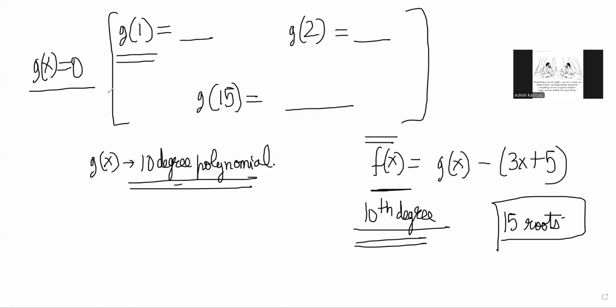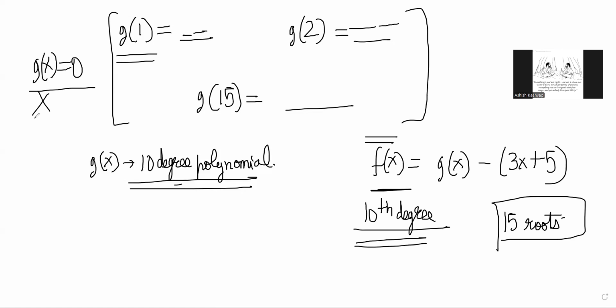But that doesn't fit the question because the values are given for 15 points. So obviously the polynomial cannot be degree 10. It is a higher degree polynomial. I hope it is clear what is happening. Is it clear for both of you? Yes, sir.